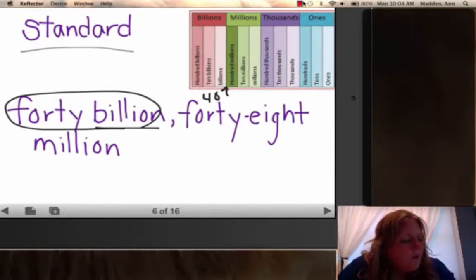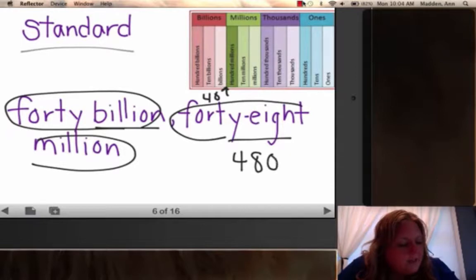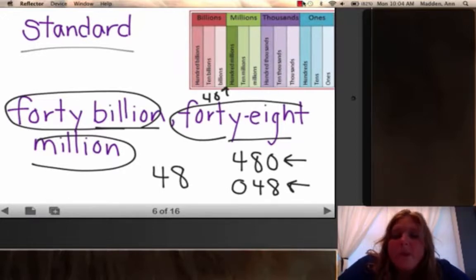Now I hear 48 million, which would probably belong in the millions category. 48 million. Now I have two choices. 48 like this or 48 like this. Usually 48 just looks like that.